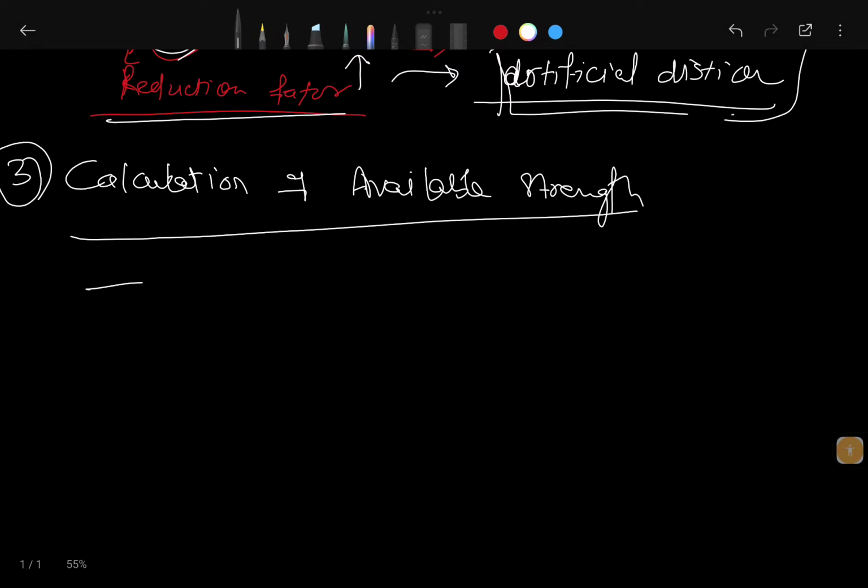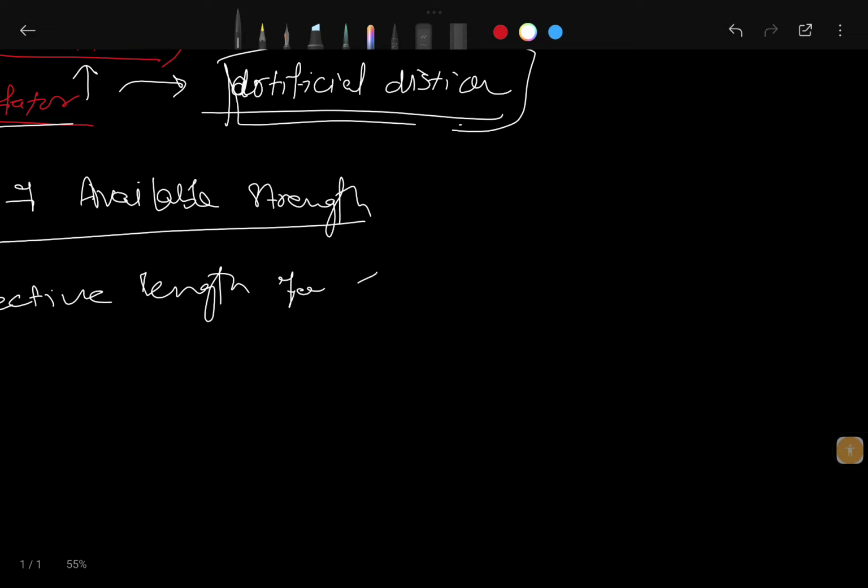This is a very important point, and I will clarify how we calculate this buckling length. For that we have considered the effective length for flexural buckling of all members.